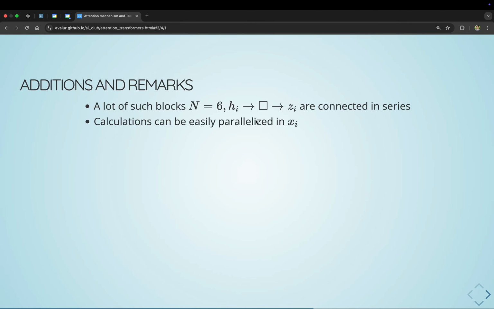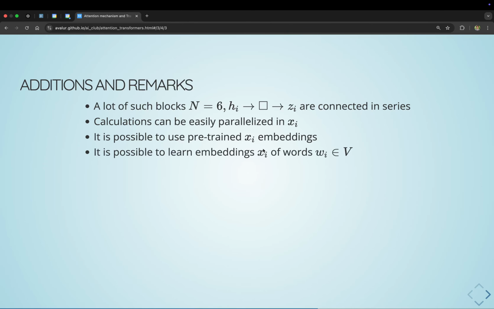They are connected in series, and you see the calculation can be easily parallelized because we have no recurrent connections between our formulas. And of course we can use either pre-trained embeddings xi or some other variants. We can learn embeddings of words, and this is the layer normalization formula.